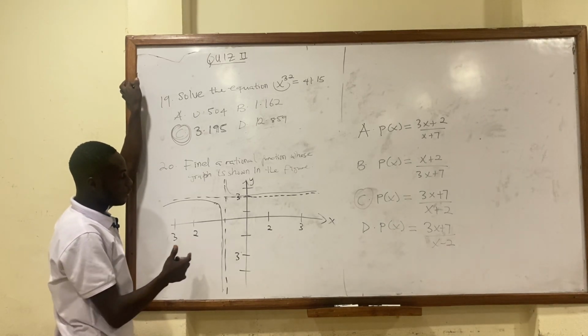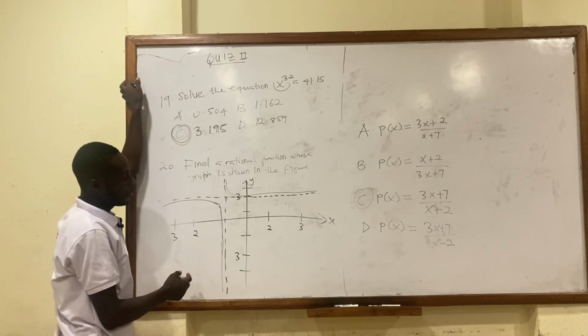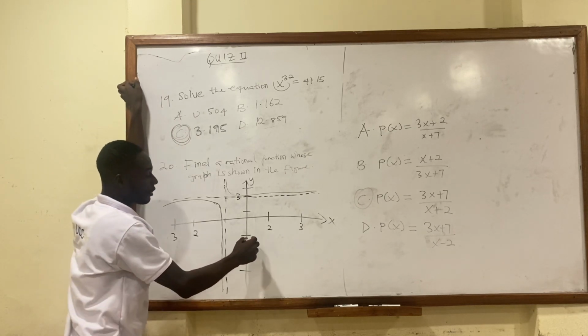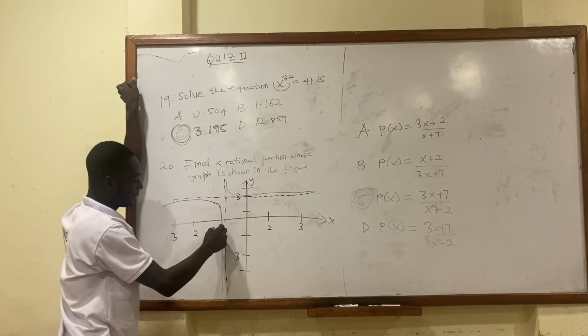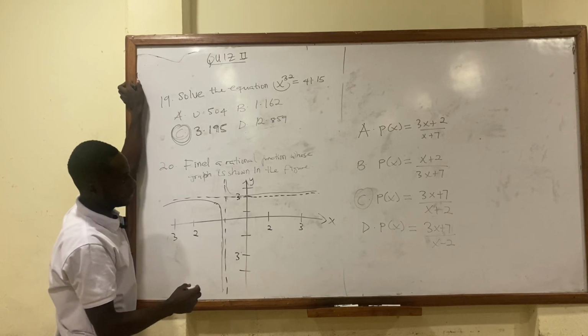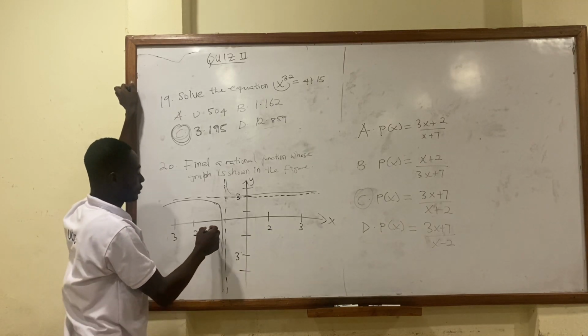All right, so looking at the graph given, we can see that our vertical asymptote is at x equals 2.